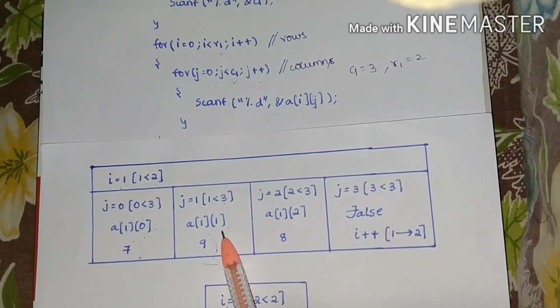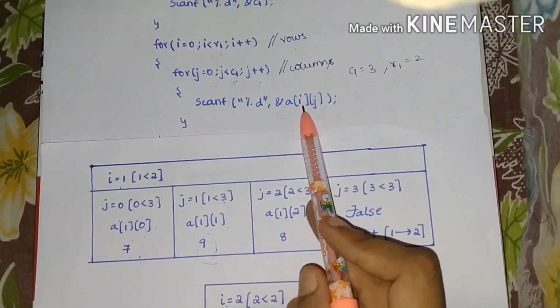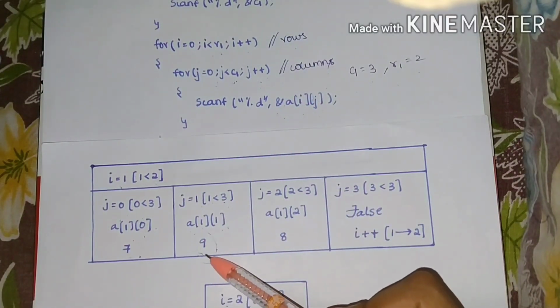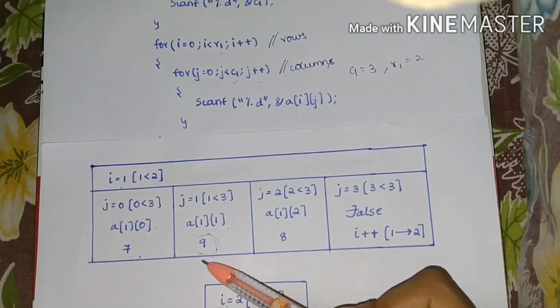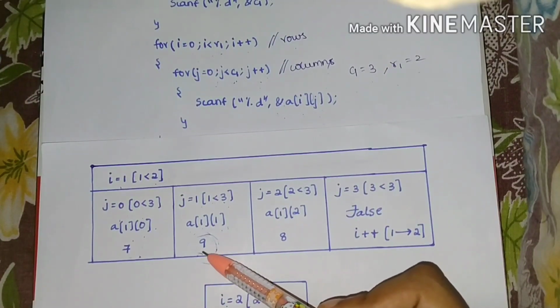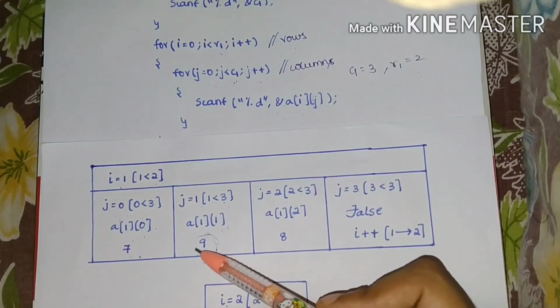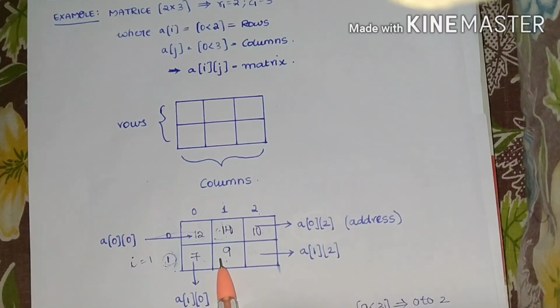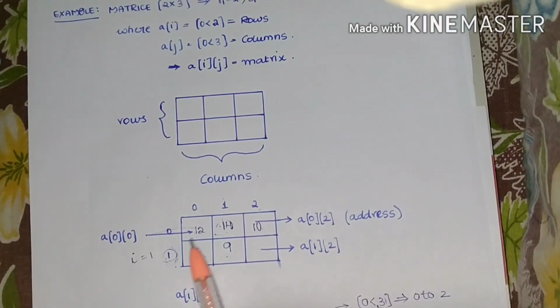A of 1 of 1, that is in the scanf. A of 1 of 1, I have to enter the element dynamically. I have entered 9. So 9 has to be stored in this place. 9 has been stored in a of 1 of 1.